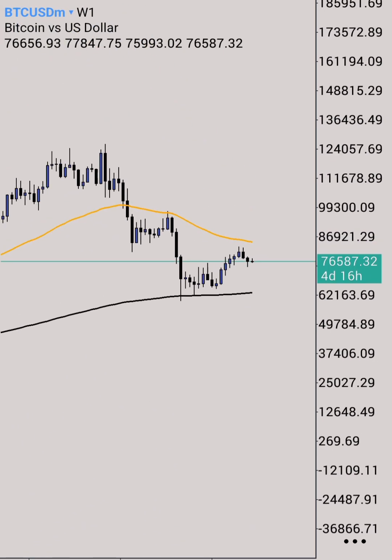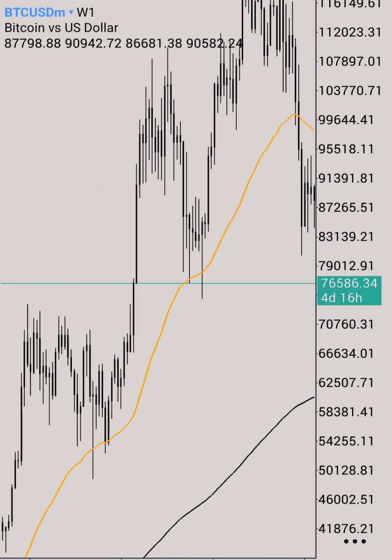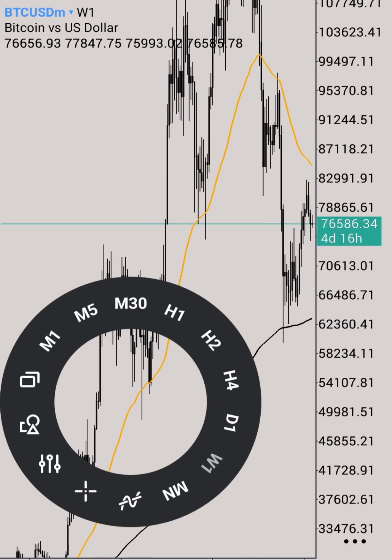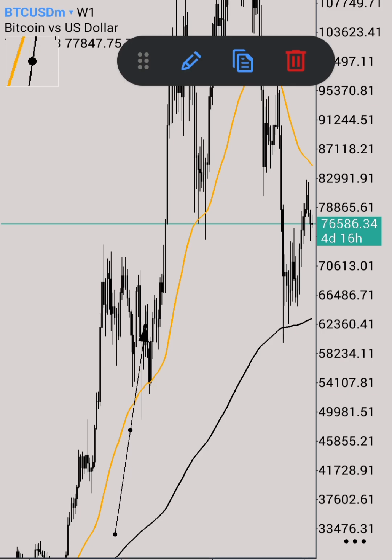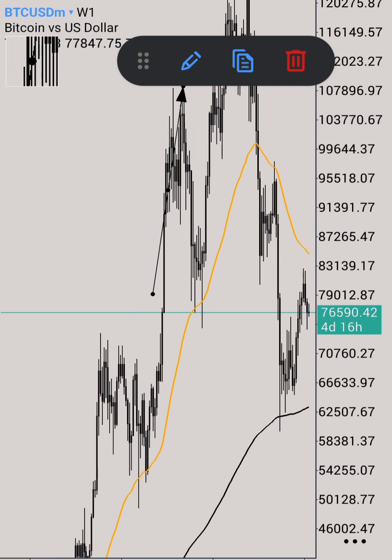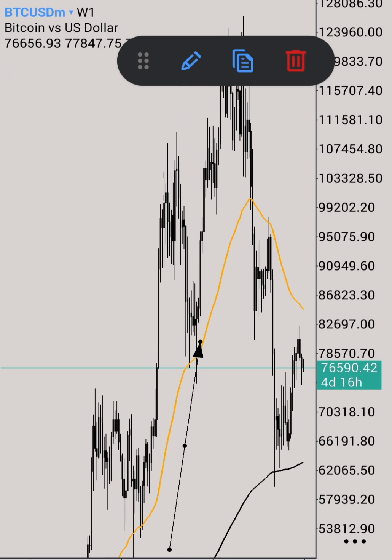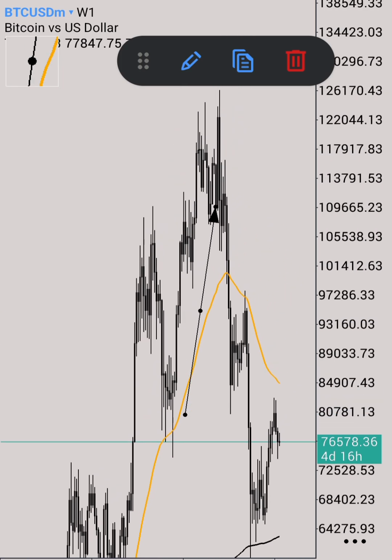Then going to the weekly time frame, we could see that the market is currently in a downtrend. And how did we know that? Previously, the market has been giving us a series of impulse to the upside, a retracement, impulse to the upside, a retracement.